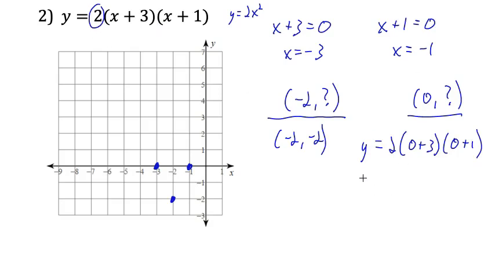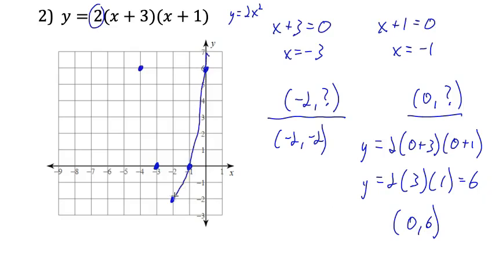Let's work out the y. So another point on the parabola is the point 0, 6, just like we expected. And we can do a reflection of that point over here. We have a pretty steep parabola here.